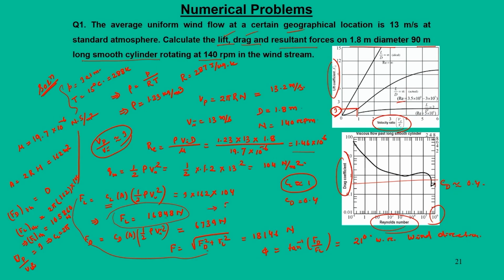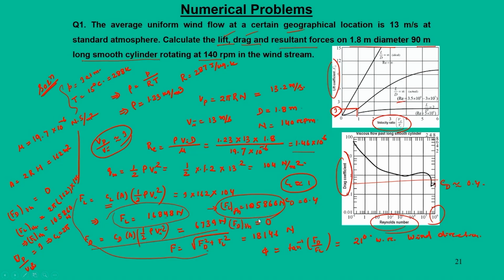So, what we understood here is that your realistic object, that is the cylinder, experiences 16848 Newton, but actually the FL theoretical value would be 105,860 Newton. Correspondingly, FD experimentally is 6439 Newton, but FD theory is 0.